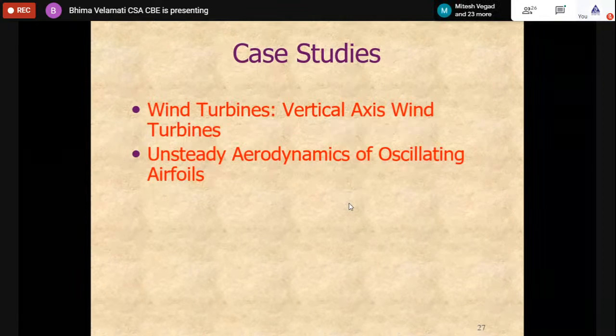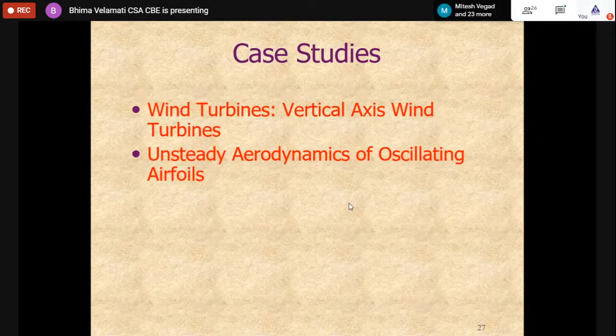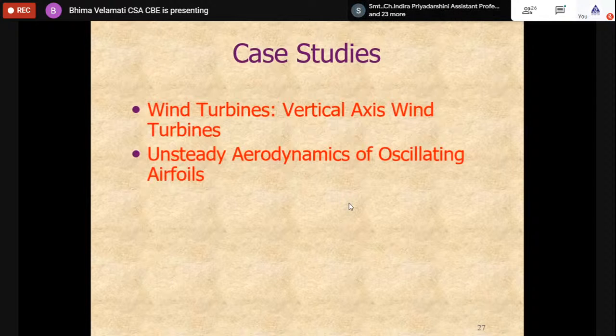Okay, thank you. So now I would show you some of the results which I have published. One part is the work on wind turbines, which is the vertical axis wind turbine. It has certain advantages, which I would illustrate now and show you some of the results which I have got.